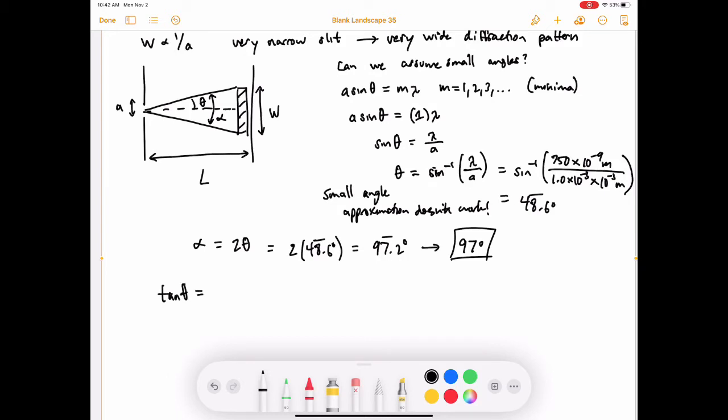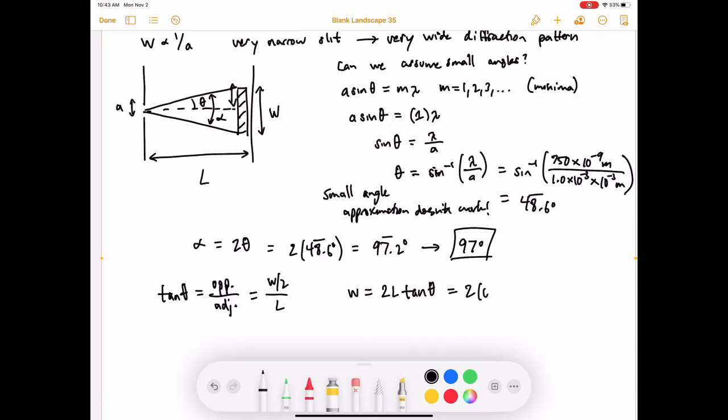Tangent theta is equal to the opposite side over the adjacent side, which is W over 2, that's this side right here, divided by L. So if we want to solve for W, that's going to be 2 times L times tangent theta.